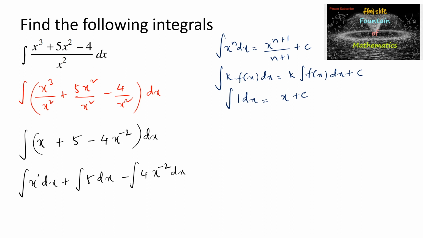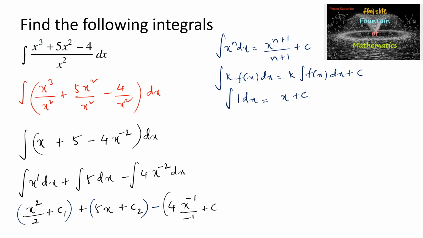Integration of x^1 dx is x^(1+1) divided by 2, plus some constant c1. Plus here, 5 times the integral of 1 dx is 5x plus some constant c2. And again here minus 4 times x^(-2+1), that is x^(-1) divided by -1, plus some integral constant c3.